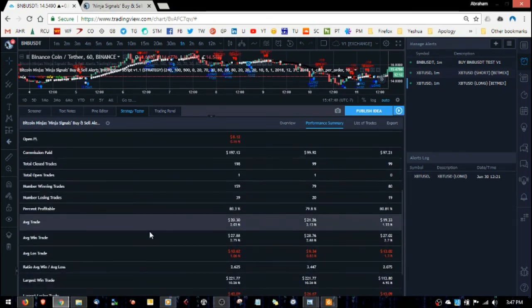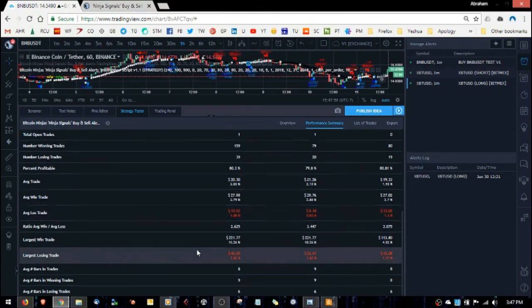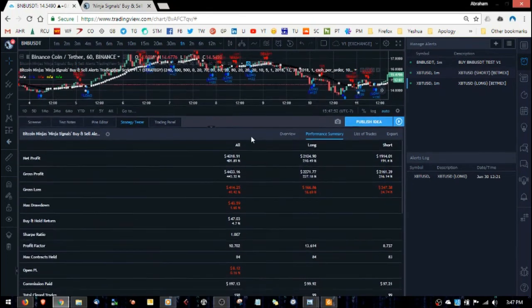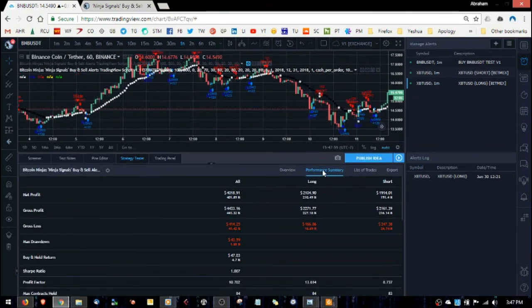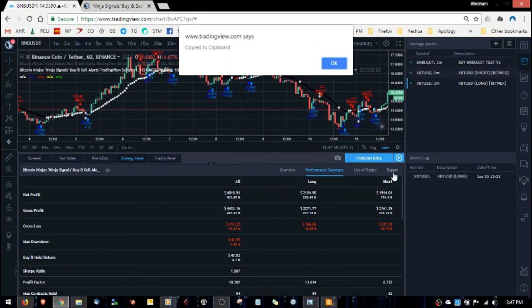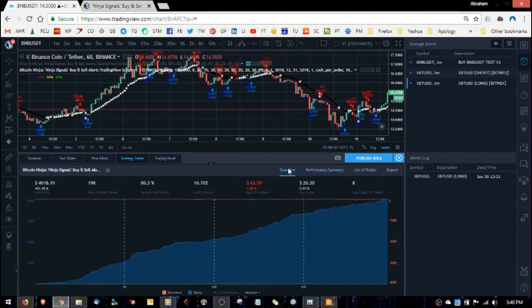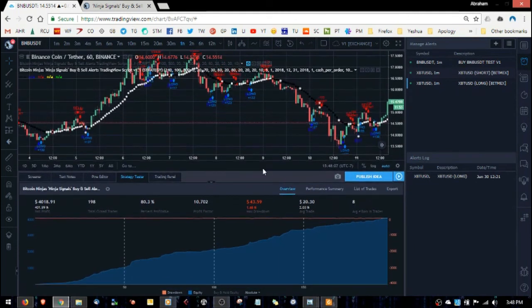The average trade, the average winning trade, average losing trade, etc. Lots of different statistics and trading information broken down here in the performance summary tab. You can also export your results from each backtesting run by clicking export, and that will copy those to a clipboard. So very powerful setup here to be able to test out your trading style and to test out how you would trade with these alerts using the backtesting strategy that accompanies each of the scripts.